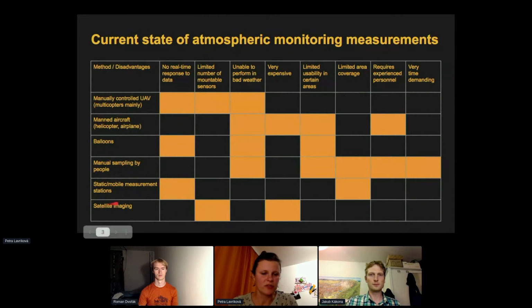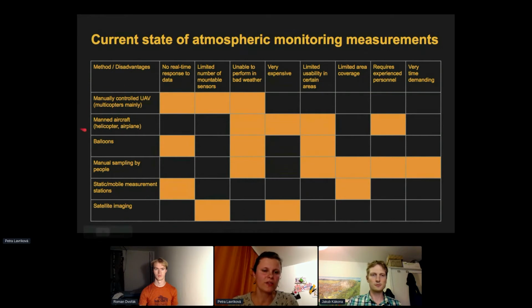Then satellite imaging can provide us with some really helpful measurements, but its main disadvantage is that satellite time is really expensive. So they are not used so often.